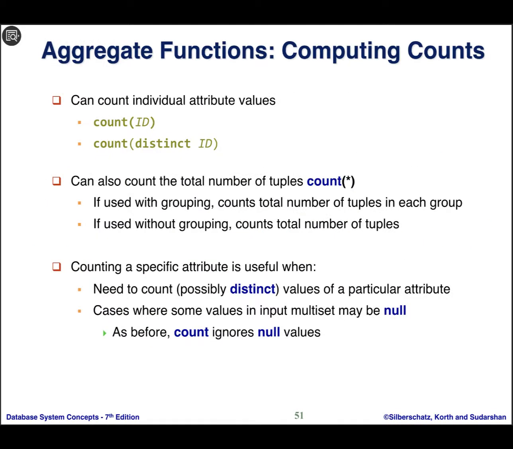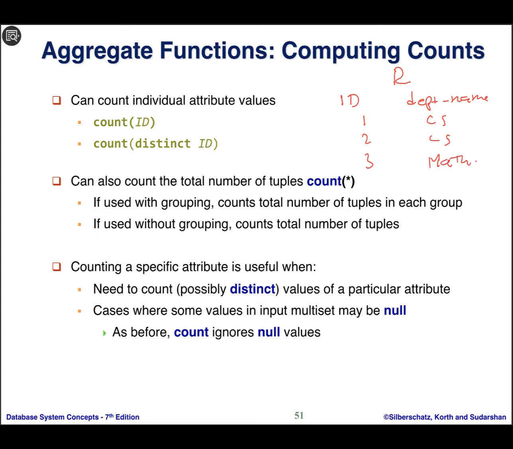So before, I gave you the count ID and distinct ID. Assume that we have a simple relation R, and this relation R is going to contain the ID and name. Maybe ID was not a good example. Let's say department. Assume the IDs 1, 2, 3, with computer science, computer science, math.